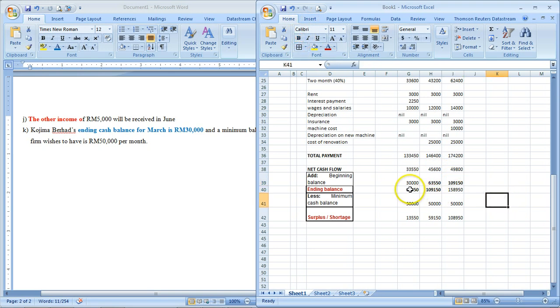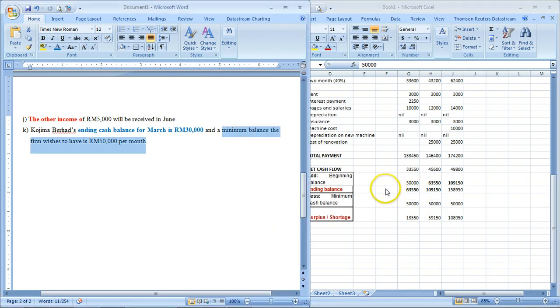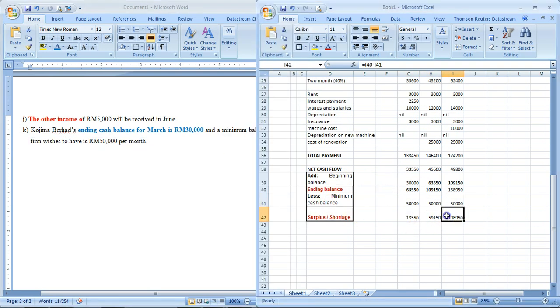Very good. So then you get your answers for these three. Then you minus your minimum cash balance that you get from the question, and then you get surplus or shortage. If you get negative, that means it's shortage.